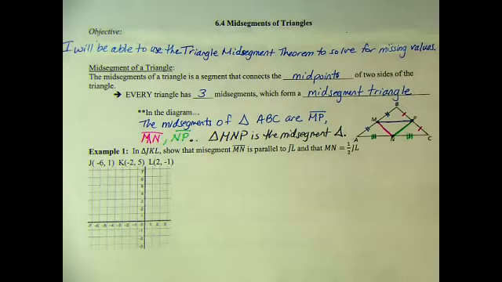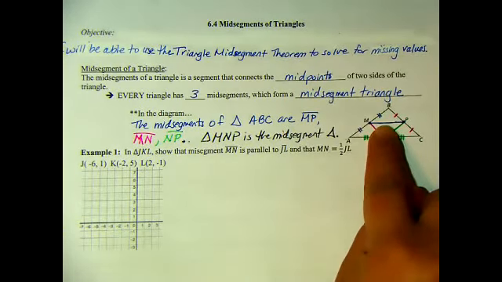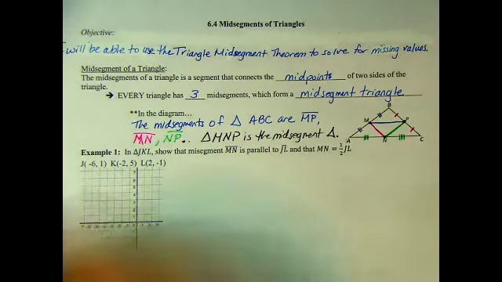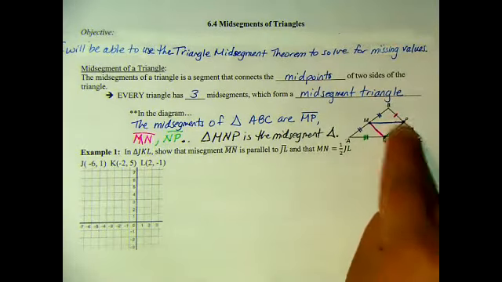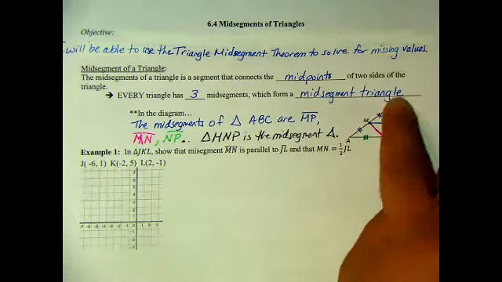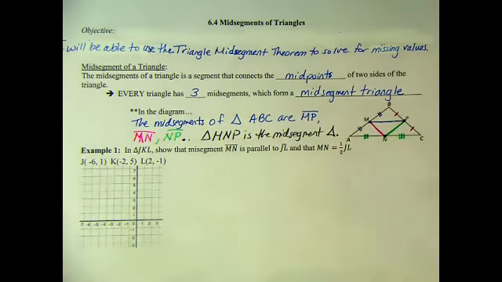So if you're told, hey, this is a mid-segment, then you're essentially being told that each one of the sides of this bigger triangle ABC is being cut in half.